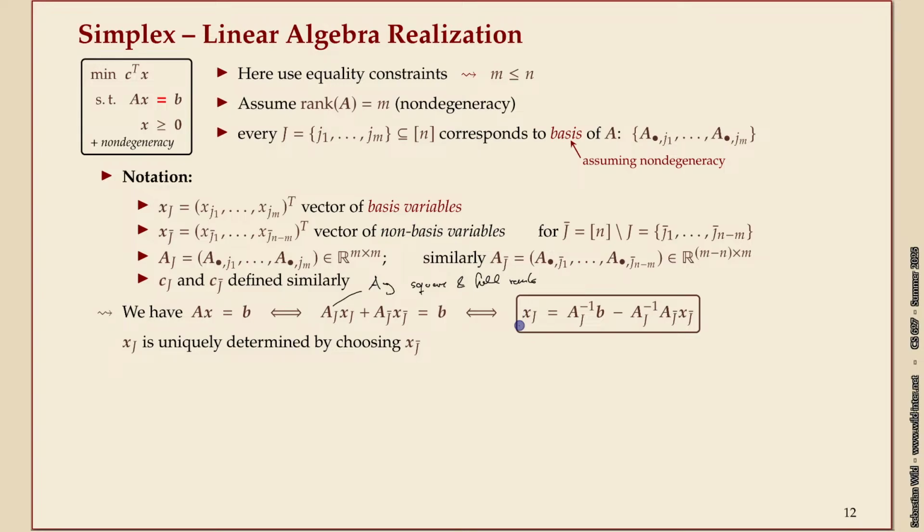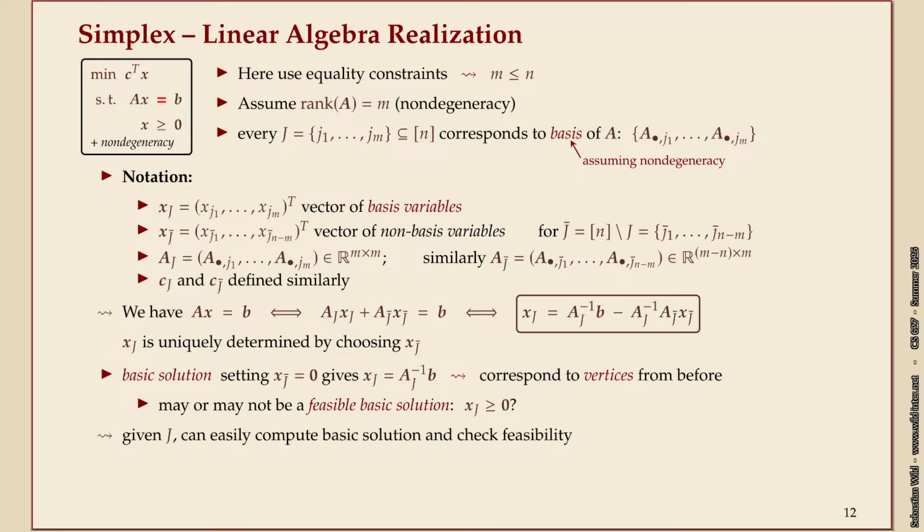So you get an expression for xj, the basis variables, as a function of the other variables. Okay? And that's of course kind of clear if you have a certain number of constraints but more variables. You can fix some of the variables, namely exactly n minus m many. And the other variables are then fully determined from the values you picked for the n minus m variables.